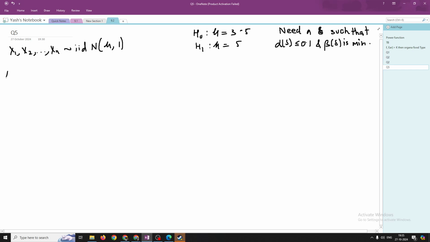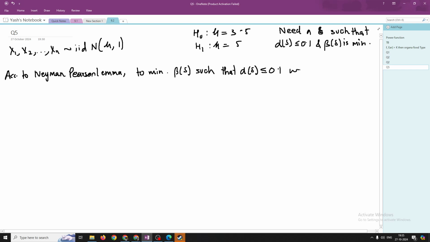You would start off by mentioning that according to the Neyman-Pearson lemma, to minimize beta delta such that alpha delta is less than or equal to 0.5, we need to reject H naught when f1 of x by f naught of x is greater than some k.